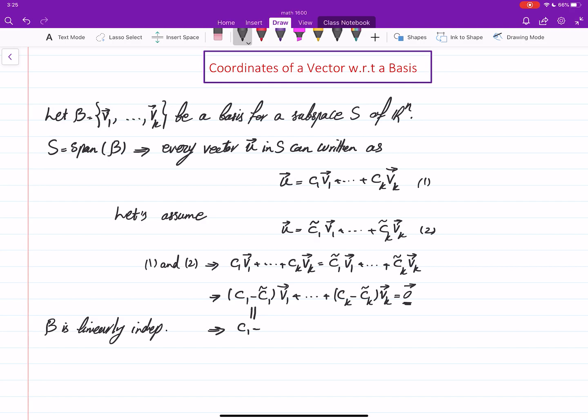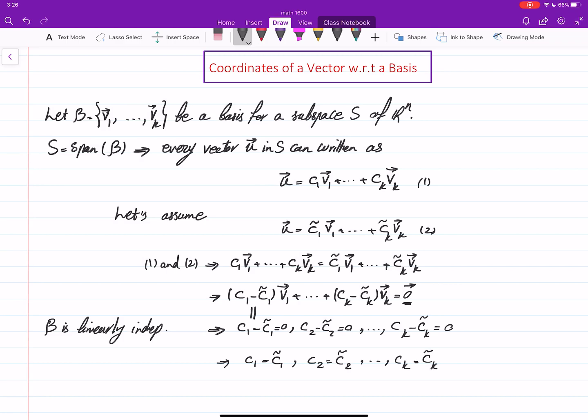So c1 minus c1 tilde, the coefficient of v1, needs to be equal to 0. c2 minus c2 tilde, the coefficient of v2, needs to be equal to 0. And this goes up to ck minus ck tilde needs to be equal to 0. From here, you see that c1 needs to be equal to c1 tilde, c2 needs to be c2 tilde, and ck needs to be equal to ck tilde.